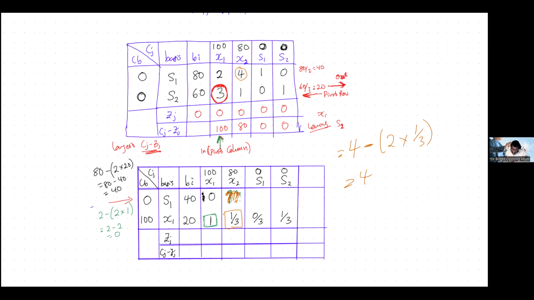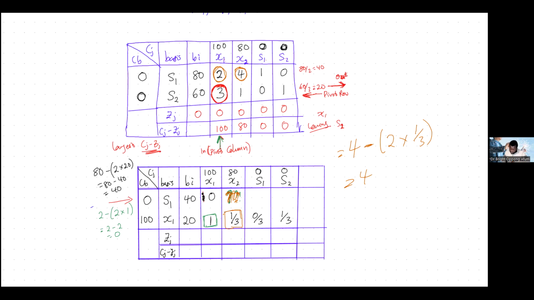And this value can be obtained from the old value, which is 4, minus the 2, which is the pivot number, or the number on top of the pivot number corresponding to the pivot number for that particular constraint, times the new value, 1 on 3, right?